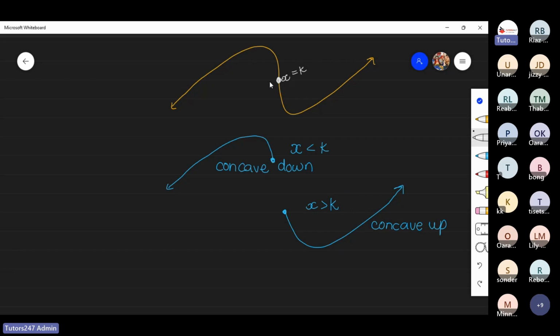So if we want to find concave down, that's sad face, so we need to go to the left. You make your arrow point in the direction of the sad face. As you can see, my arrow is pointing left. If you repeat the arrowhead, that's the same as the inequality sign. They look the same.